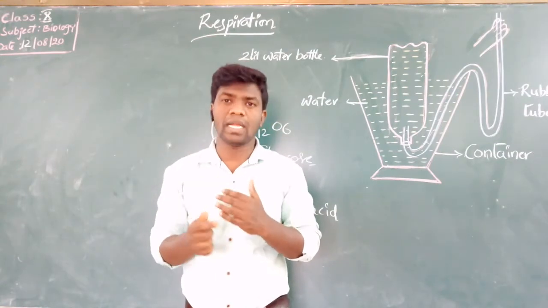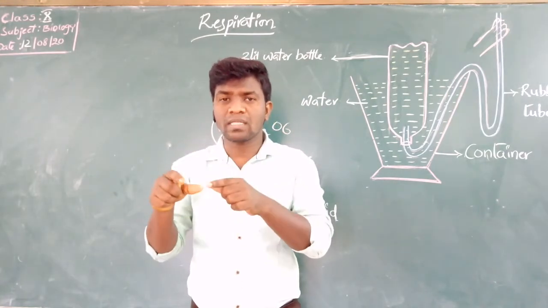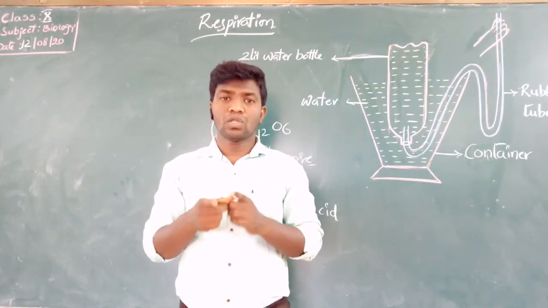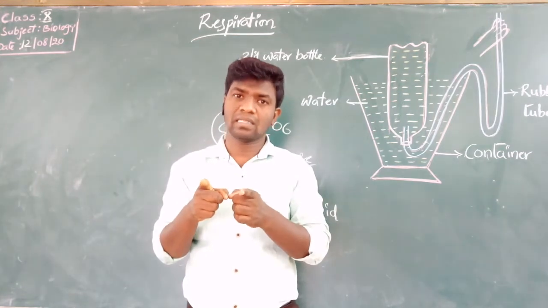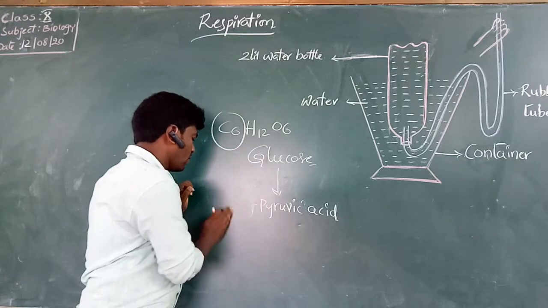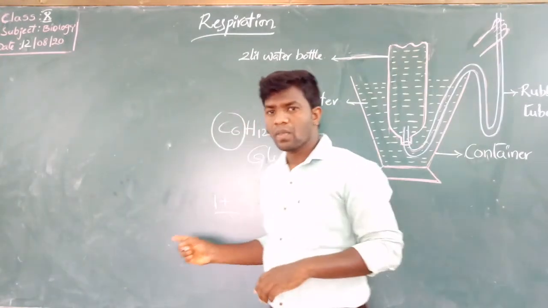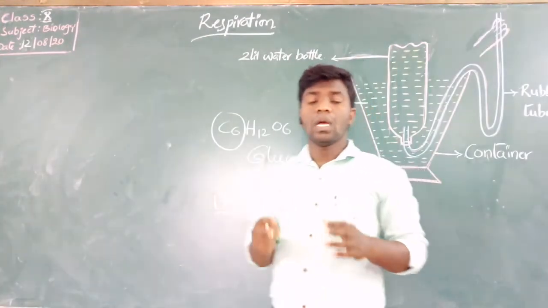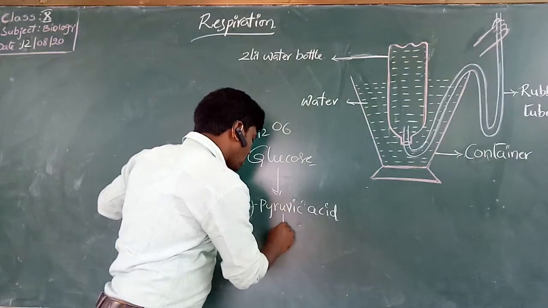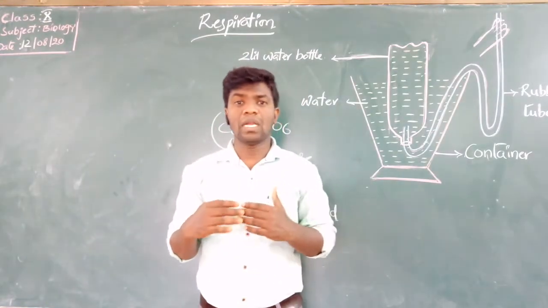Glucose has 6 carbon atoms, and in the first stage of oxidation it is converted into 2 molecules of pyruvic acid. Two means 1 plus 1. Each molecule of pyruvic acid has 3 carbon atoms.